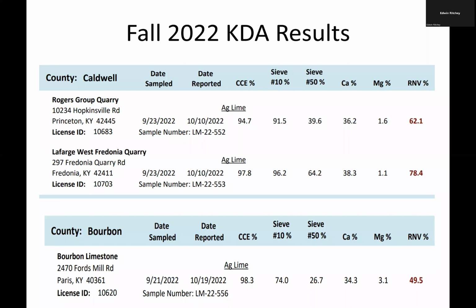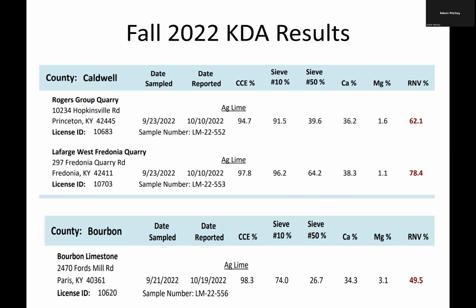It's like, wait a second, that Bourbon Limestone, that's pure lime. It is. It's the best rock, but it doesn't have as many of the fines. It doesn't have the fineness associated with high quality lime, so it's not neutralizing the acidity as much. So you effectively need about a third more of it than you would from the Fredonia quarry.